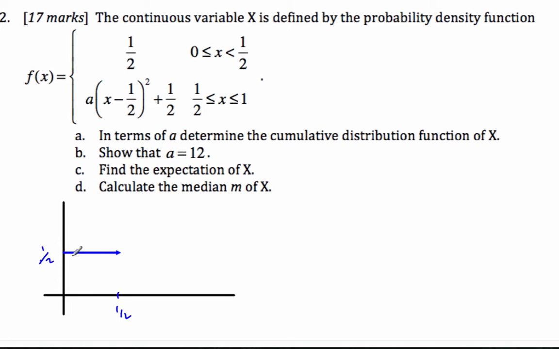Okay, and it's just a straight line. And then I have a quadratic function. So it's quadratic. I know it's been shifted over 1/2 and up 1/2. And so it does this kind of quadratic. I don't know what the stretch is on A, and this goes up to some value of 1.